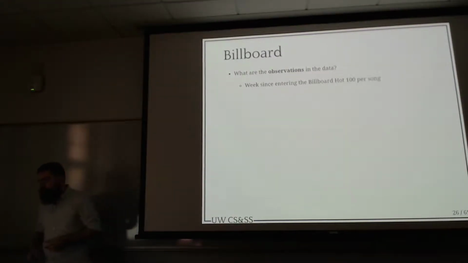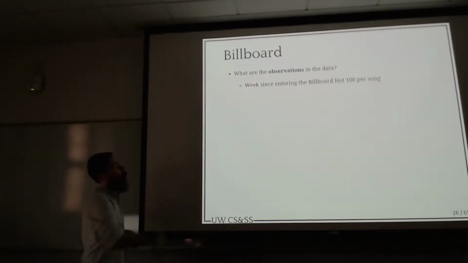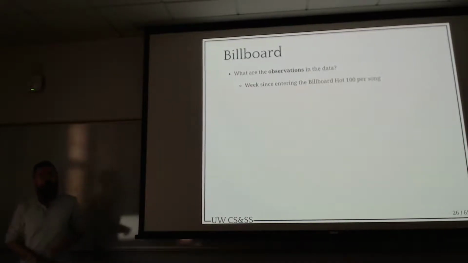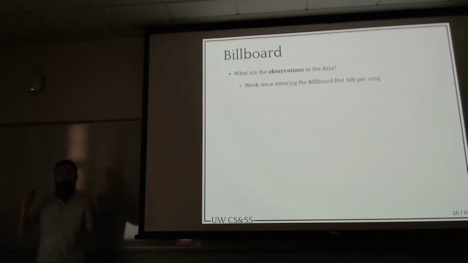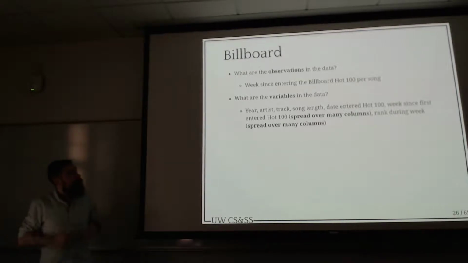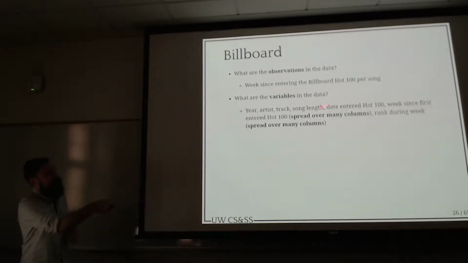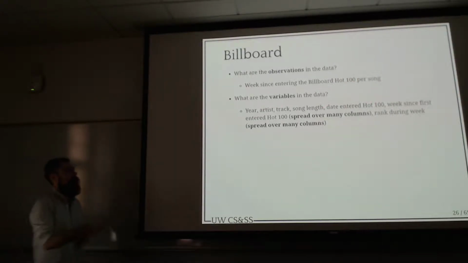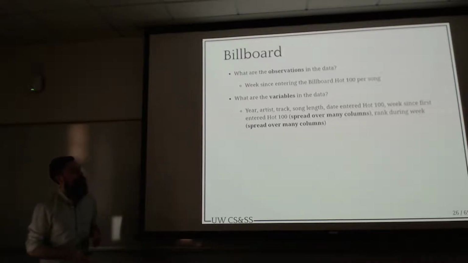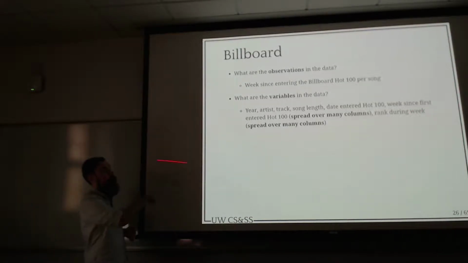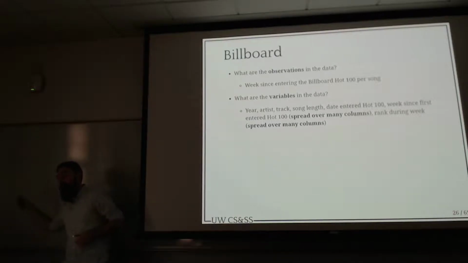Okay, so the observations, again, are the week since entering the Billboard Hot 100 per song. The actual observations are weeks, right? The variables in the data are the year, the artist, the track, the song length, the date it entered the Hot 100, and the week since it first entered the Hot 100, spread over a million columns, and that rank also spread over a million columns.